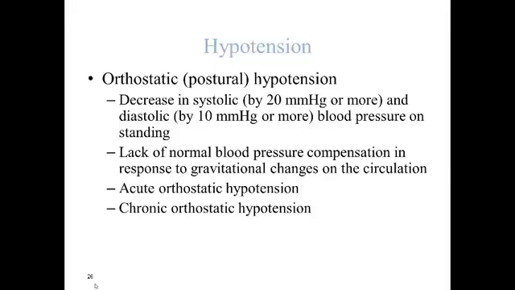So it can be acute, it can be temporary, it can be chronic. Acute orthostatic hypotension is the temporary type. It's caused when the normal regulatory mechanisms are sluggish. It may result from an anatomic variation, altered blood chemistry, or drug reaction. Could be the medicine that we gave them for hypertension, now it's causing them to be hypotensive.